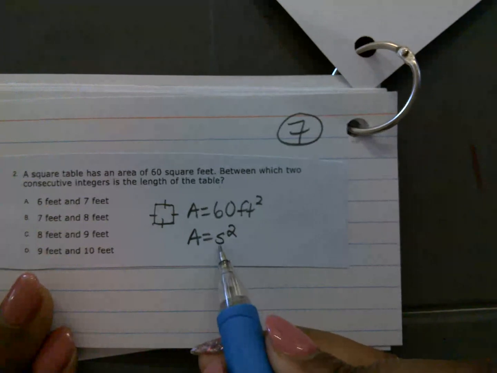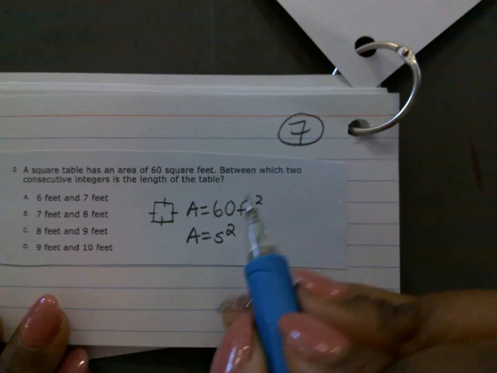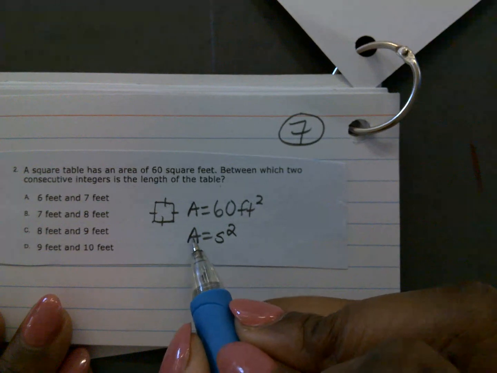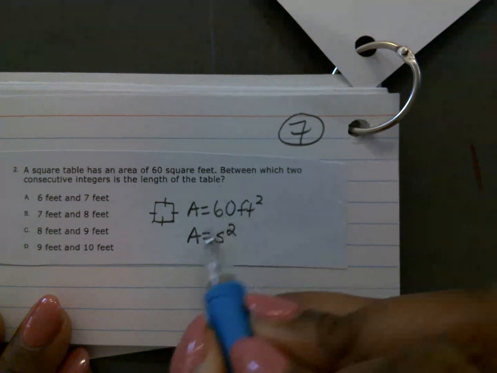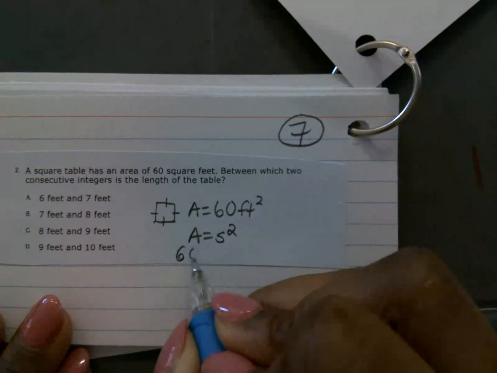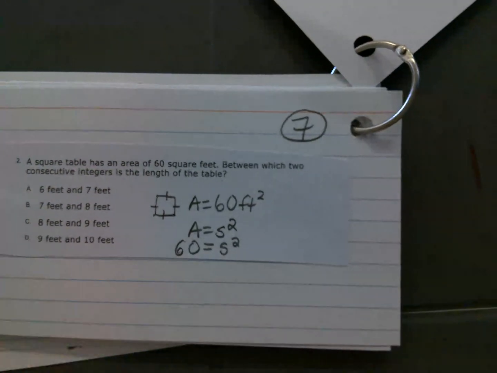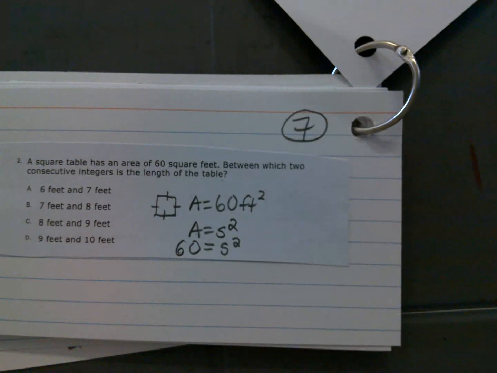After which, we substitute what we have. We know that A is 60, so we put 60 in the place of A, equals S to the second power. You don't need 2 different variables to represent the same length. All the lengths are the same, so we're going to say side. I'm going to pause for the calls.